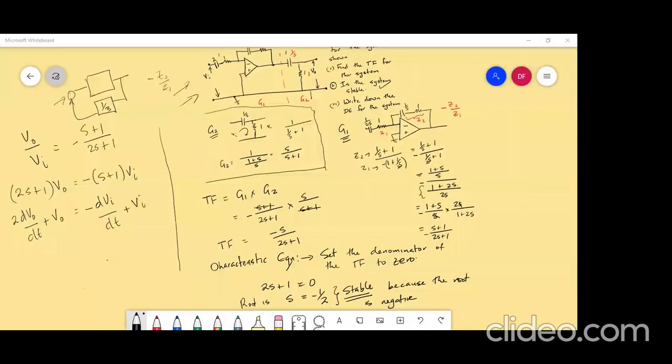All right, so what we're saying is that this represents the differential equation of the system.